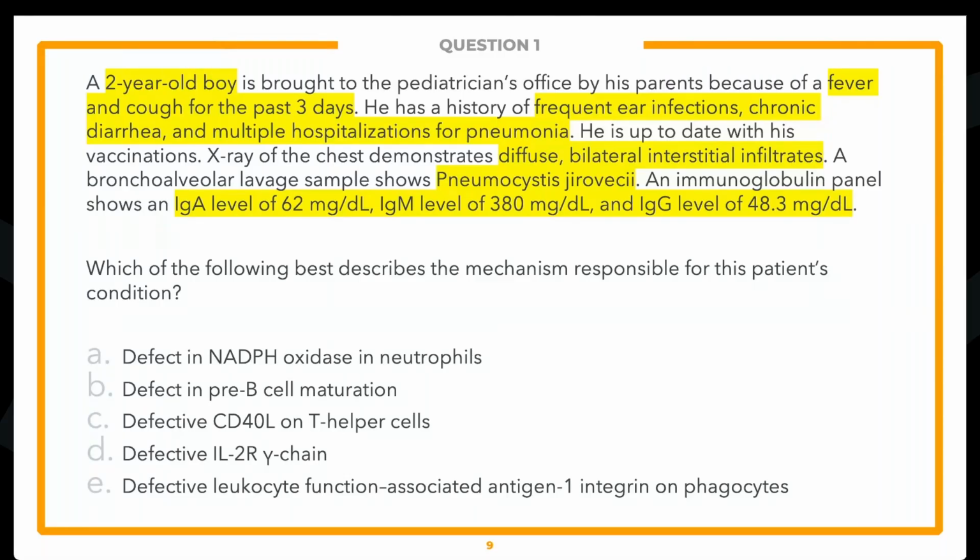Option D, defective interleukin 2 receptor gamma chain. C, defective CD40L on T helper cells. Option B, defect in pre-B cell maturation. And option A, defect in NADPH oxidase in neutrophils.